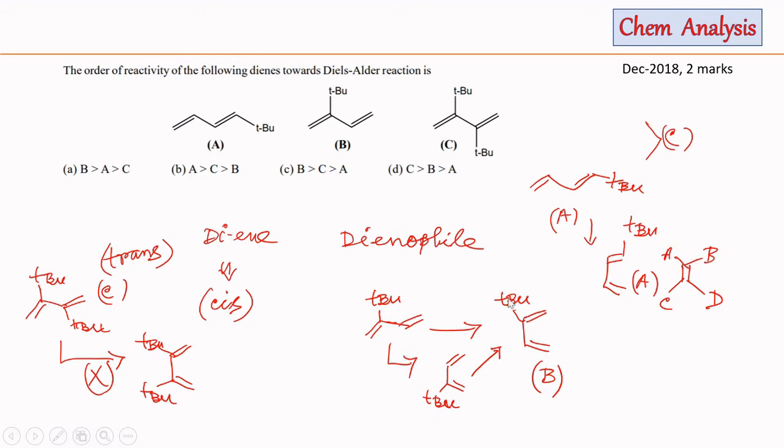But in this case, since the tertiary butyl group is at the second carbon of this olefin, it will not feel such steric repulsion with the substituent on the dienophile. So B will be more reactive in the Diels-Alder reaction than A. So B will be more reactive. After that it will come A, and least reactive will be C. So we can see that option A is the correct answer.